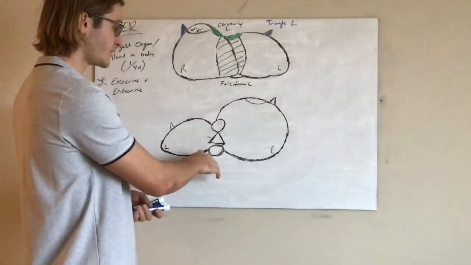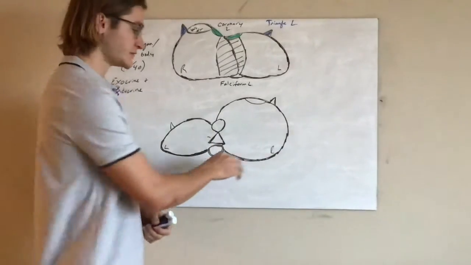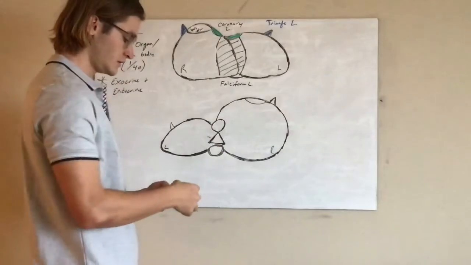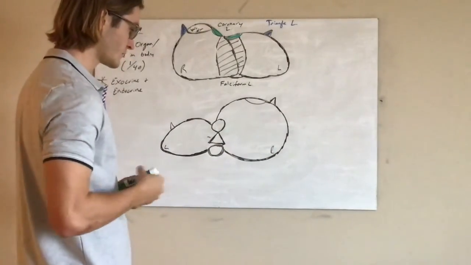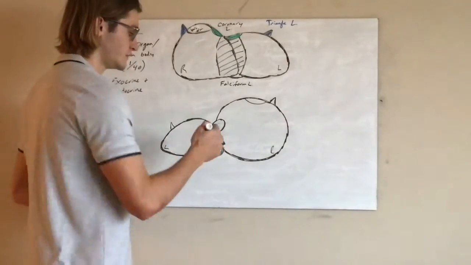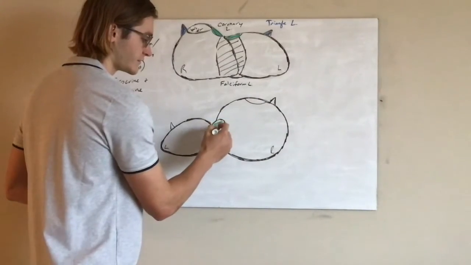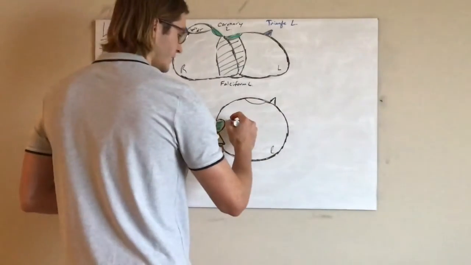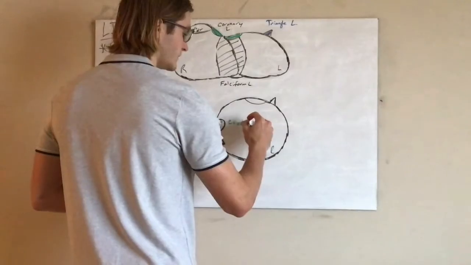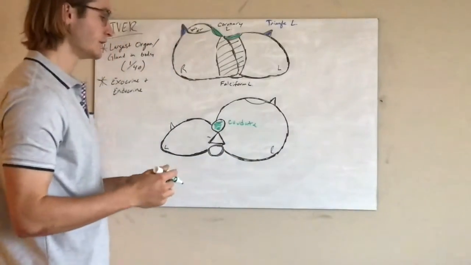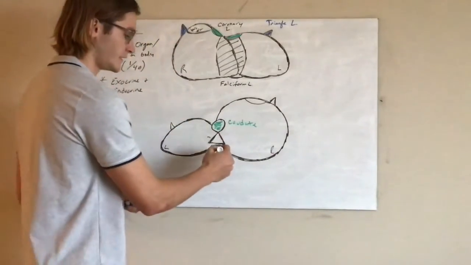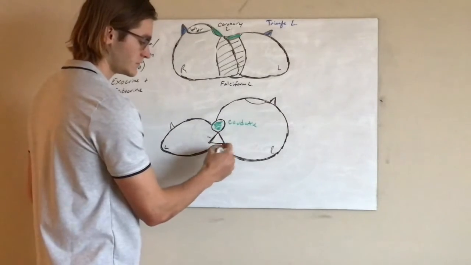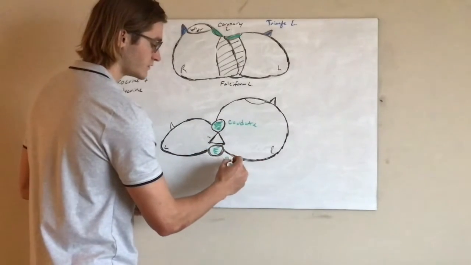On the posterior side, we're going to start off with the 2 extra lobes. We still have the right lobe and the left lobe. We're going to have our caudate. This guy in here is going to be our caudate, and that's another lobe of the liver. And then on the bottom is our quadrate lobe.